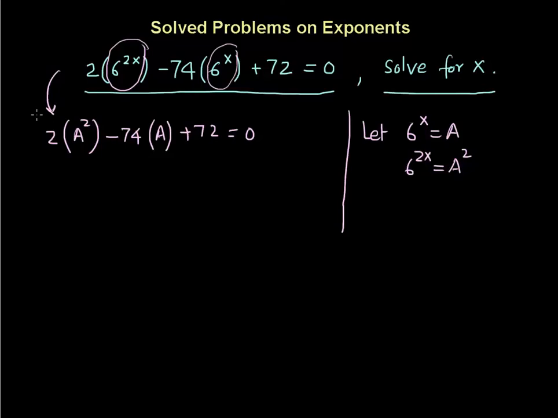So let's take 2 out. So if I take 2 out here, then within bracket I have here a square minus, this will become 37a plus, and that will become simply 36, right? And that will be equal to 0. In other words, I can rewrite it as a square minus 37a plus 36 equal to 0, right?